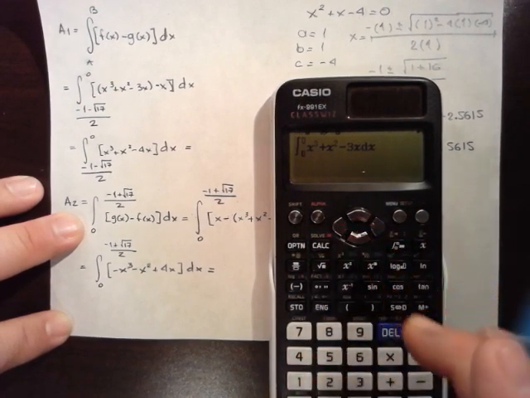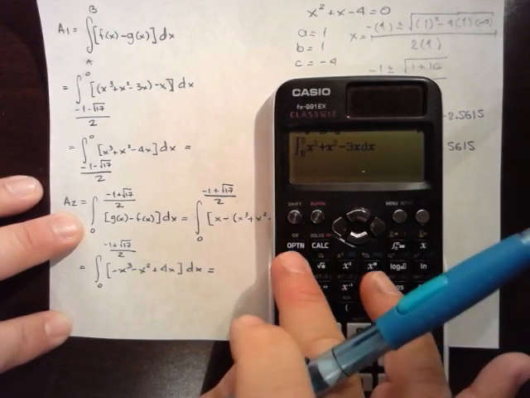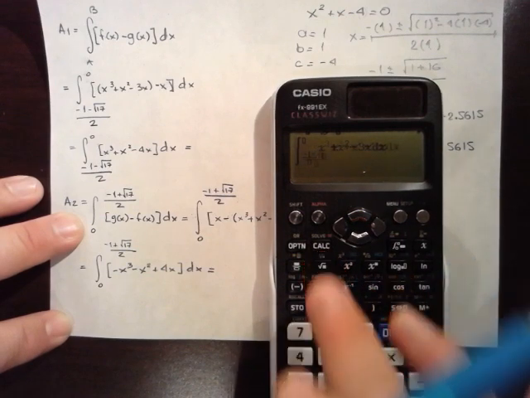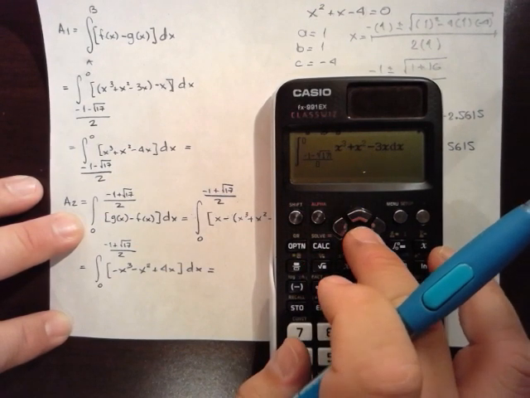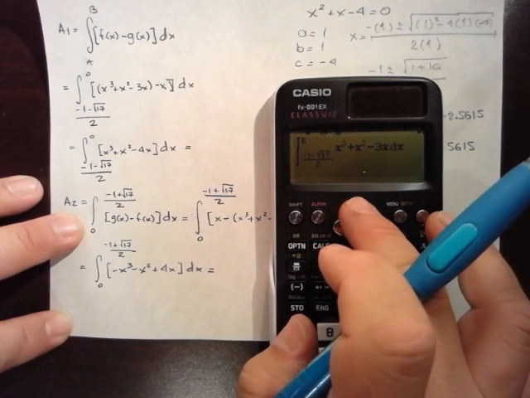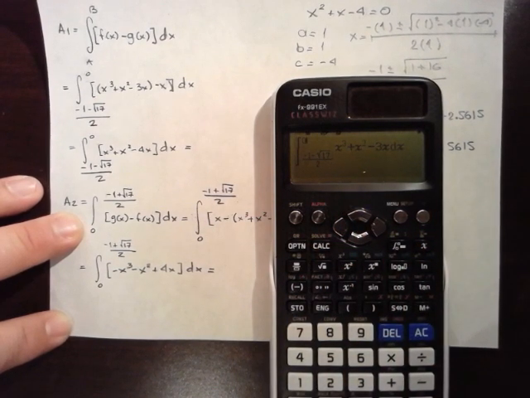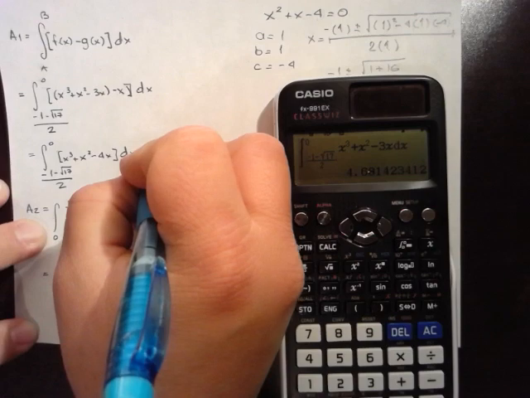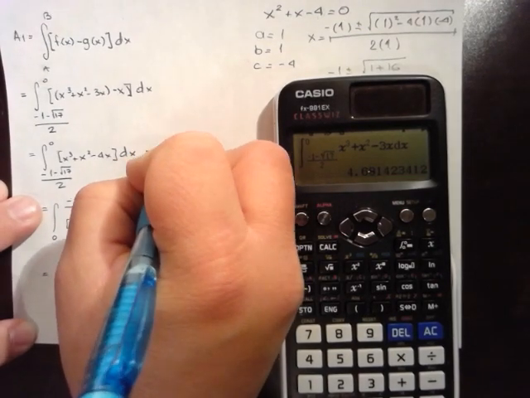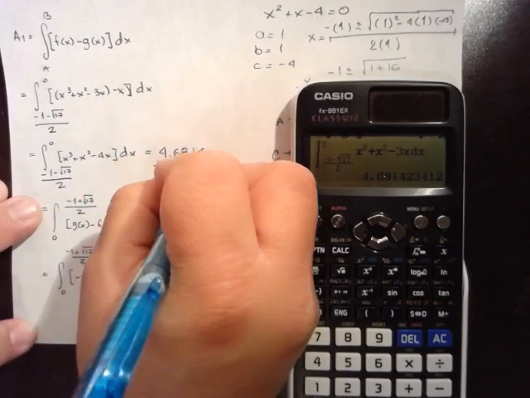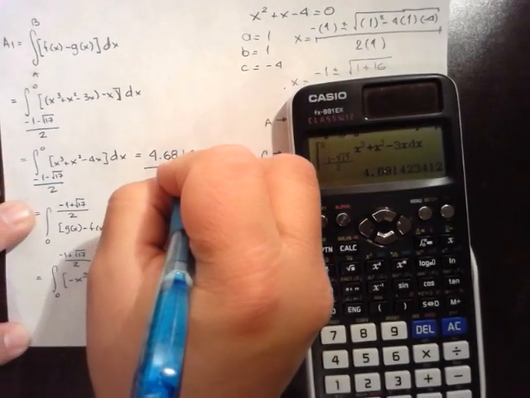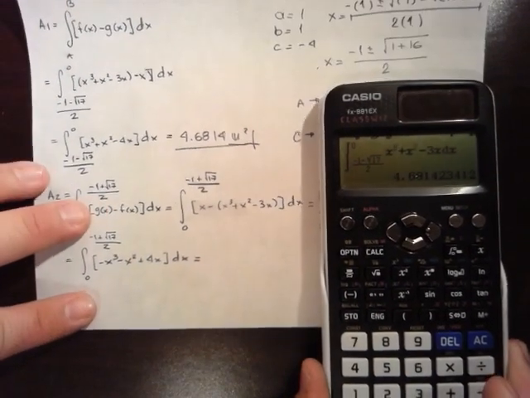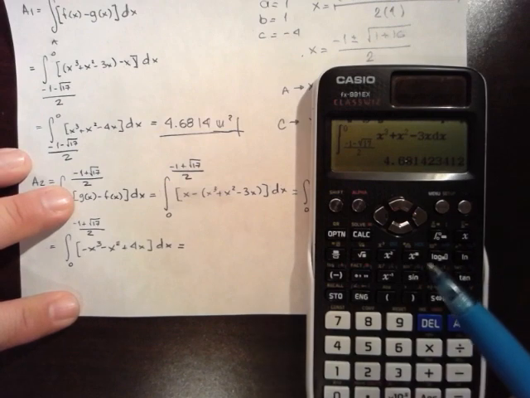And let's start with the limits. The lower limit is a fraction: minus 1 minus the square root of 17 over 2, and the upper limit is going to be 0. Let's start, and then just press equal, and area number 1 is 4.6814. This is very important: we are talking about square units, because it's talking about area. As you can see, we got the first one.